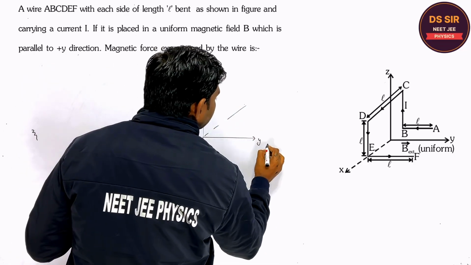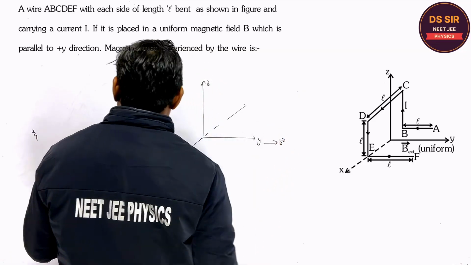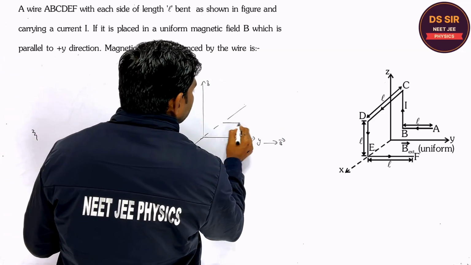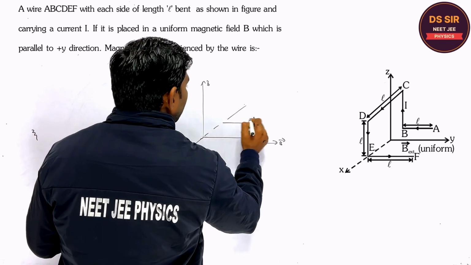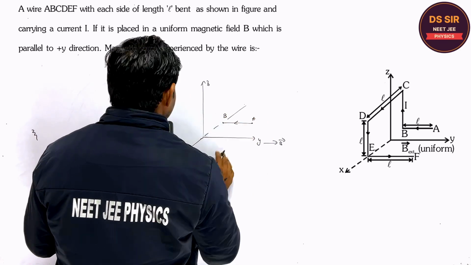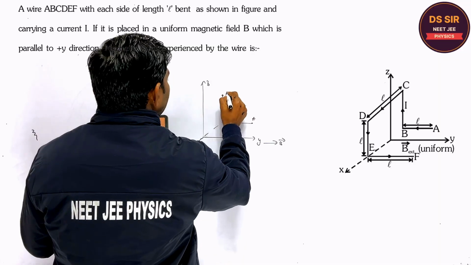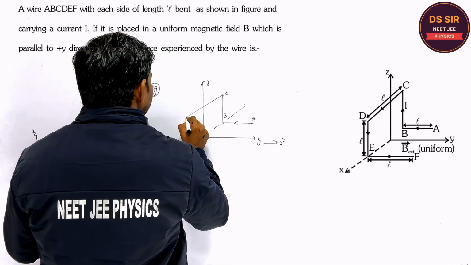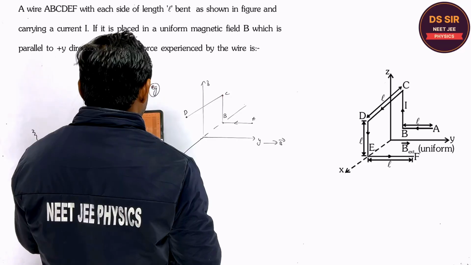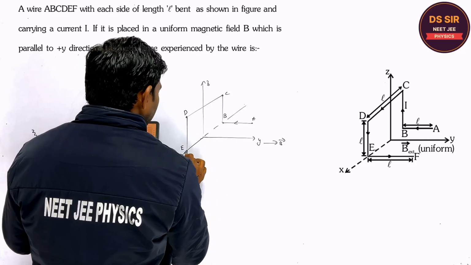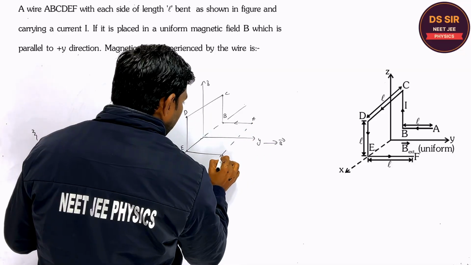The magnetic field is along this direction. And this is the wire A, and this is the wire B. This is B to C, this is C to D, this is D to E, then it is F. Are you getting or not?